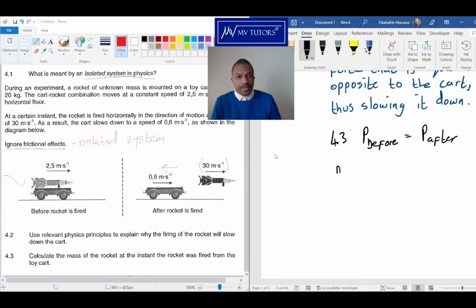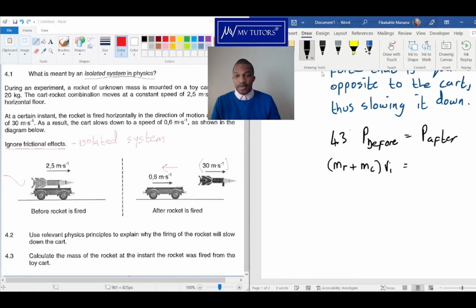So we have the mass of the rocket plus the mass of the cart, going at the same initial velocity.